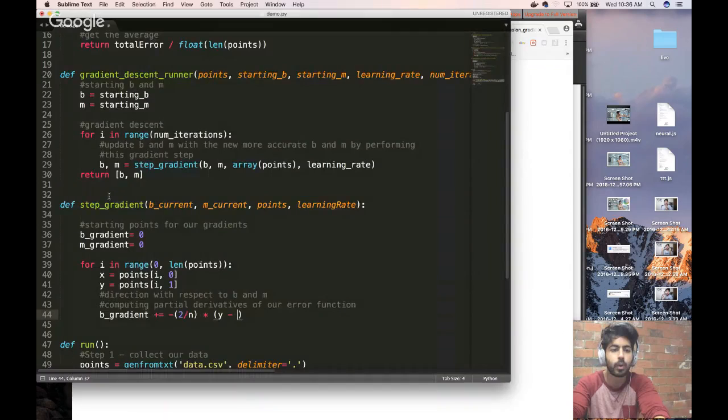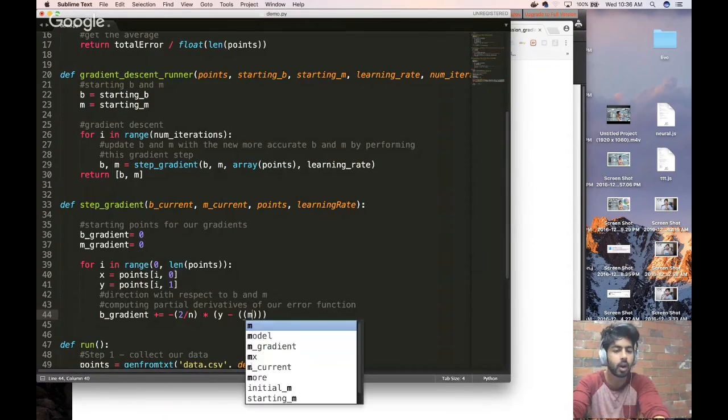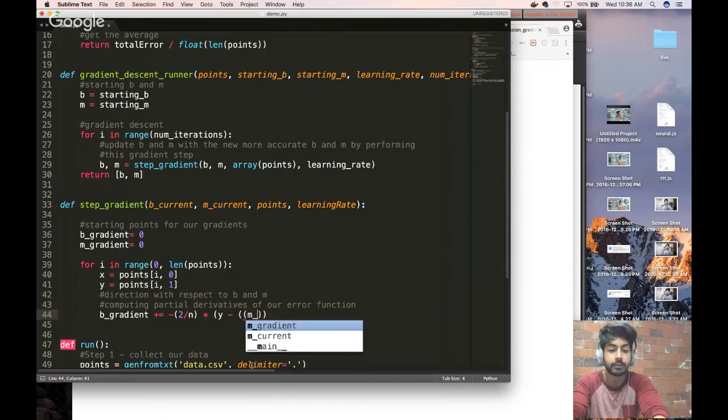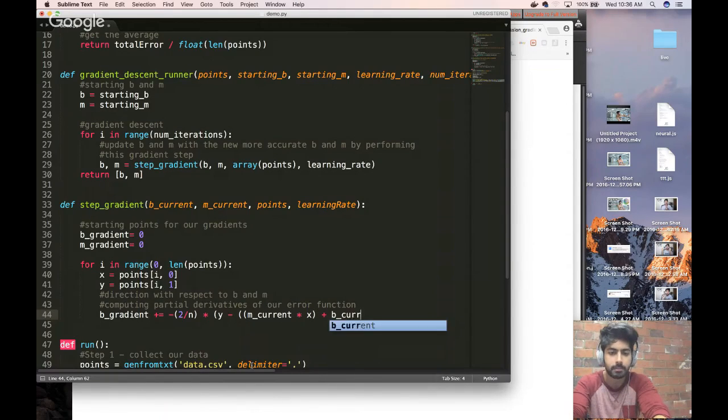And these equations are beautiful laws that always stay the same. They give us humans a way of understanding the direction that we want to move in. Okay, so B current.